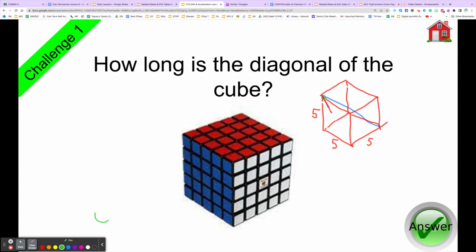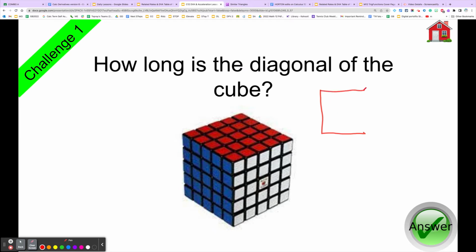What I need to do first is help myself visualize this, and this is easier said than done. Oh gosh, I just erased it all. Shoot, I have to start that again. Okay, here we go. Yes, that is me sighing.